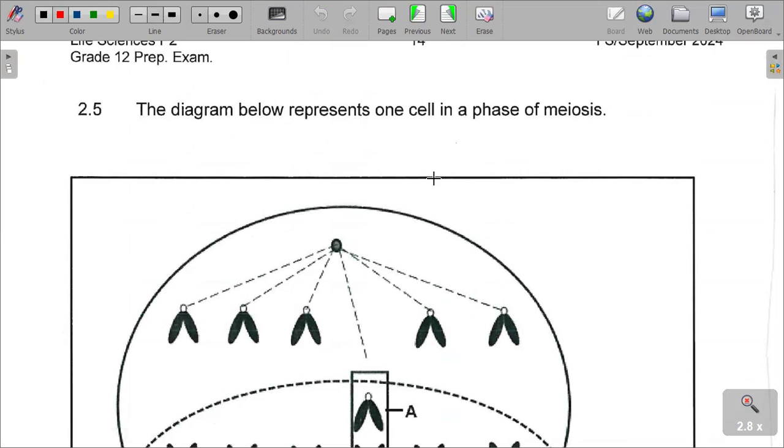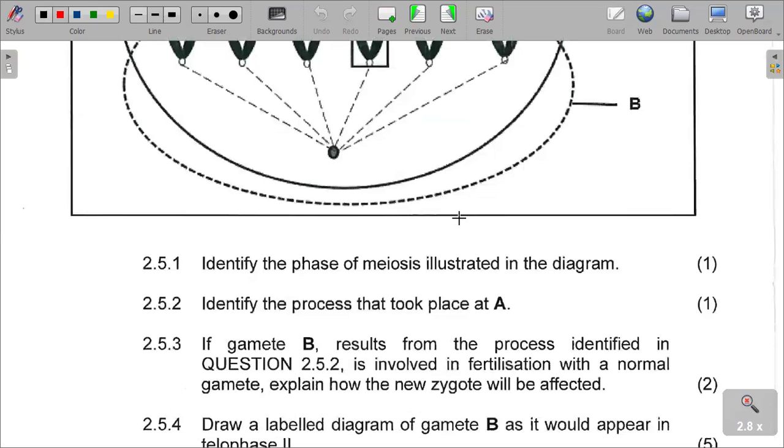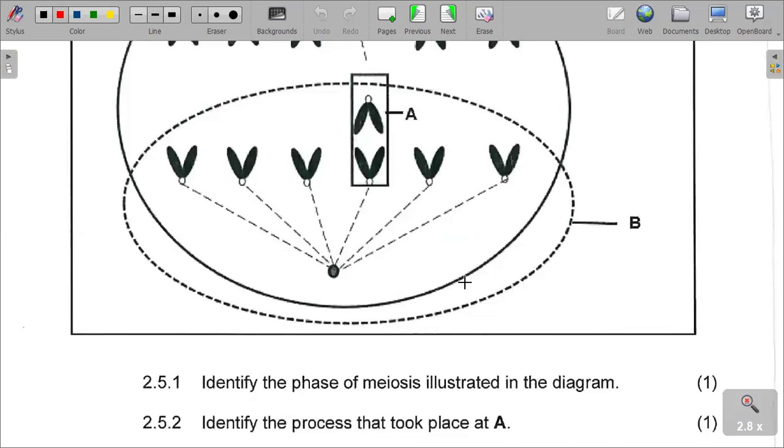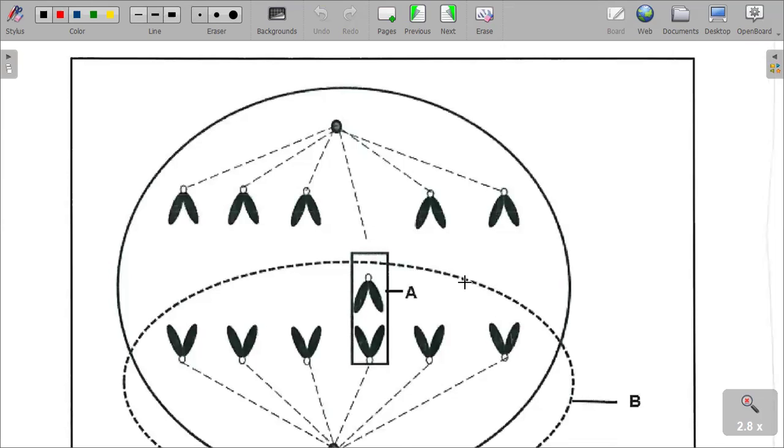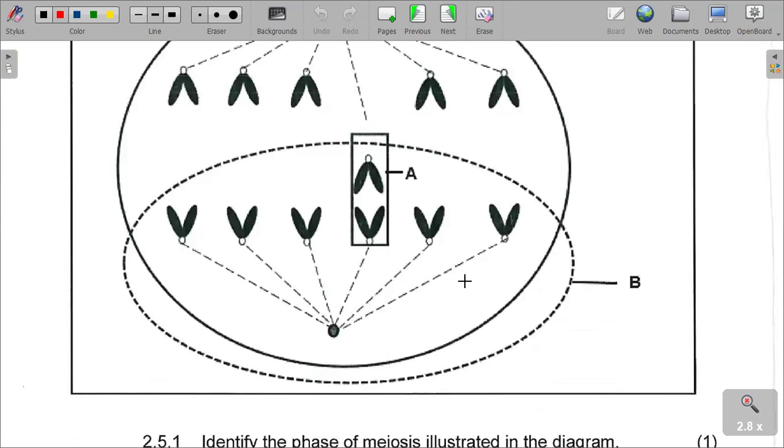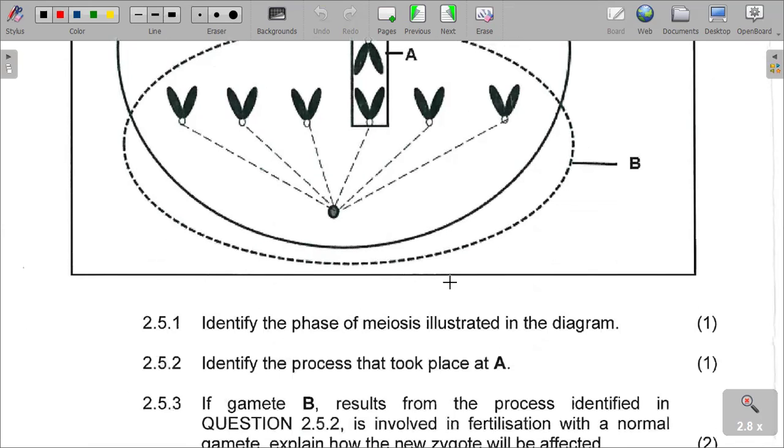Let's quickly check what the question wants us to do. Identify the phase of meiosis illustrated in the diagram. What phase of meiosis is shown there? Class, I told you that you cannot go to an exam without understanding meiosis and its specific sequential order. We do not want to discuss anything more.